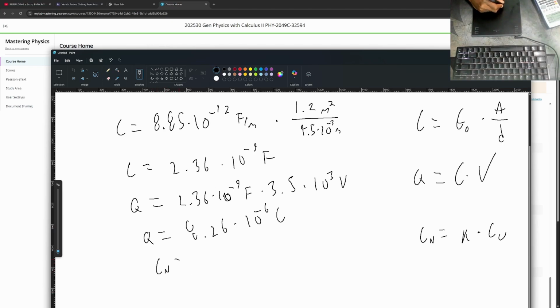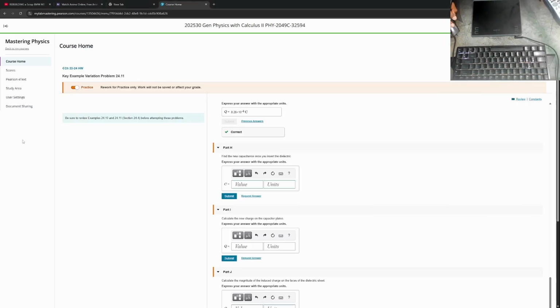So C new is 2.5 times our 2.36 times 10 to the power of negative 9 farads. And so we get a new capacitance of 5.9 times 10 to the power of negative 9 farads.